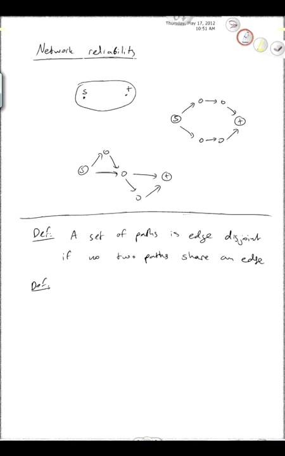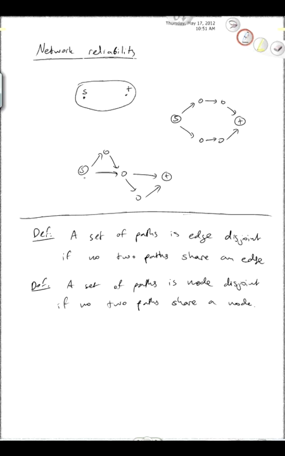And similarly, a set of paths is node disjoint if no two paths share a node.